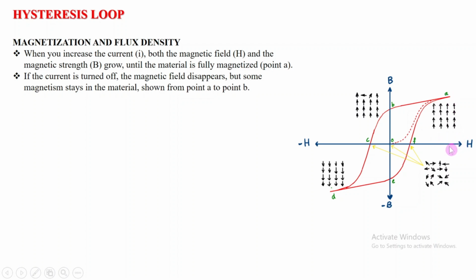Even if we zero the external magnetic field, the domains are still aligned in this specific direction. This is because ferromagnetic material has the ability to retain its magnetism even if we remove the external force.